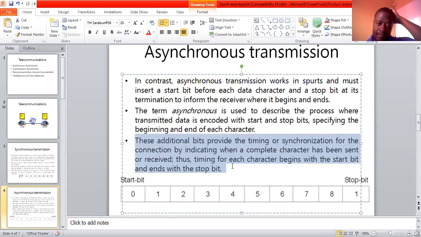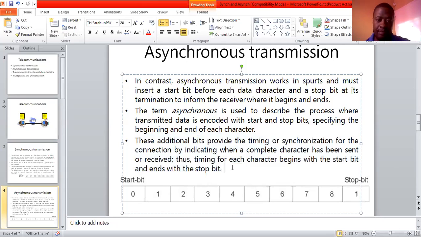So basically, when you're sending characters or data, first a start bit is sent to alert the other side of the transmission that node A is about to send a data packet. When the transmission is done, another bit, a stop bit, is sent to say this is the end of the transmission.